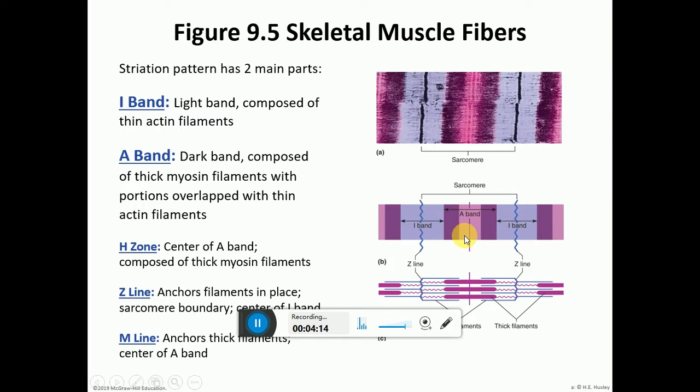While across the M line, you can see a little H zone, and the H zone is made out of thick fibers only, so only myosin fibers. And again, H is kind of like a thicker letter on both ends, and so that would be made out of your thick fibers only. These are just little mnemonics that help me remember which parts make different bands.